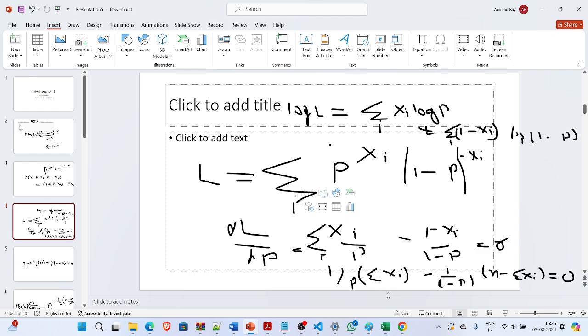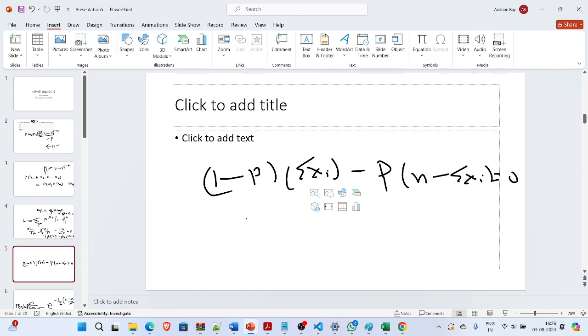Okay, looks good. Let's see. Let's take p terms common. So this becomes minus xi. Are you getting plus here? That is disaster. Acha, p terms, right? What did it say? P terms.